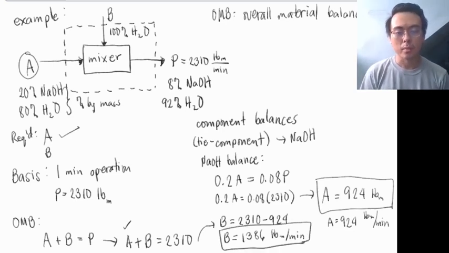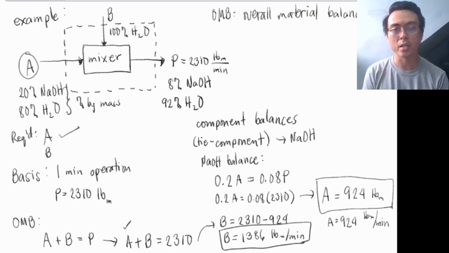So that's the easy part of material balance. If you already have one of the values, you can substitute into the overall material balance and get the remaining values. Okay, that's one of your options. Your other option is to perform the water balance because remember we have two components, the sodium hydroxide and the water. Therefore, you can perform two component balances.